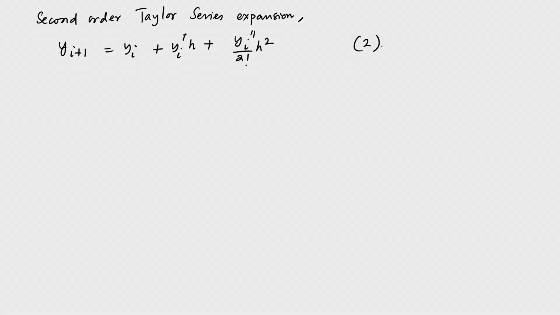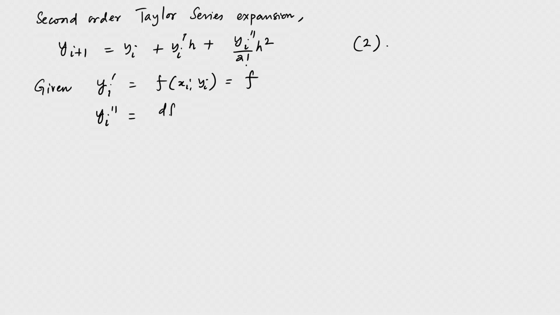Let us call this equation number 2. So, given y I prime is nothing but f of x I, y I, and for convenience let us write that simply as f, and now y I double prime we would write as df by dx. So, this is a function of both x and y.